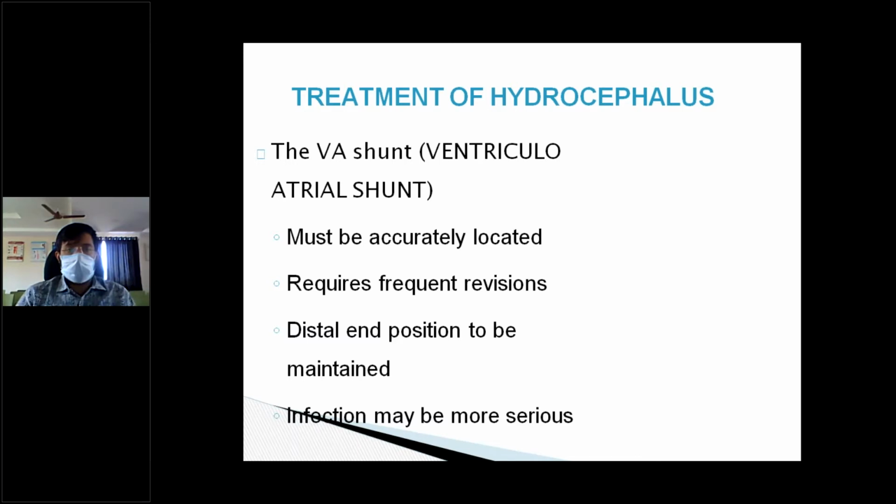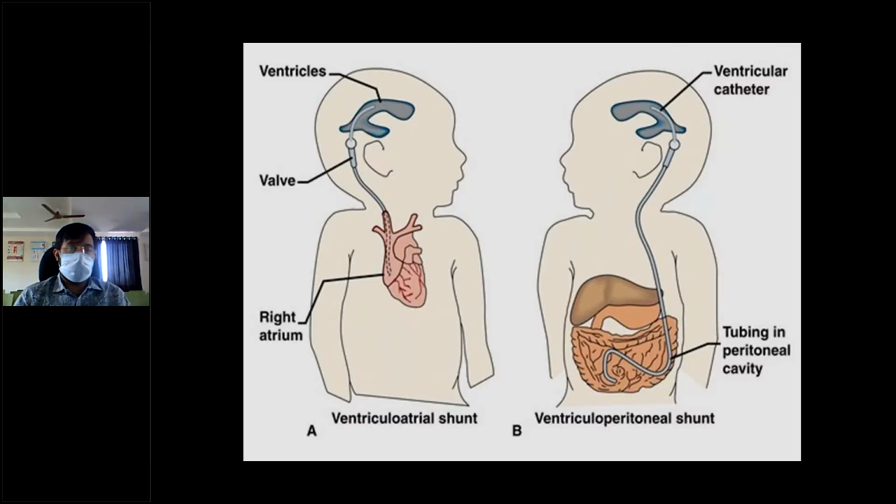So the treatment of hydrocephalus also includes the ventriculoatrial shunt. This must be accurately located, requires frequent revision, and the distal end positioning must be maintained. Infections may be more serious. The ventricular valve is connected to the right atrium, that is the ventriculoatrial shunt.